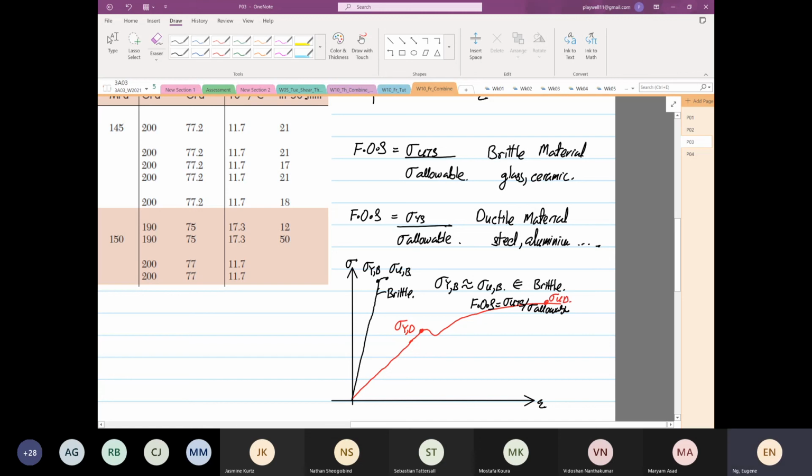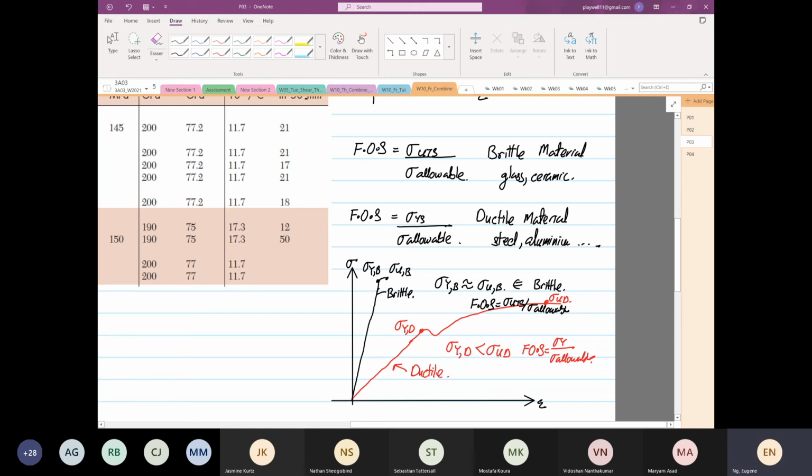So from here you can see that the stress yield ductile is smaller than the stress ultimate ductile. So for this case, your factor of safety is going to be stress yield divided by stress allowable. So this is ductile.